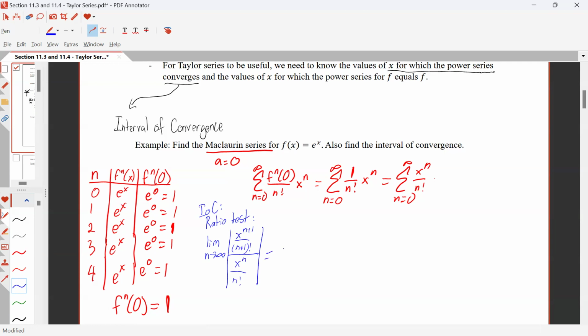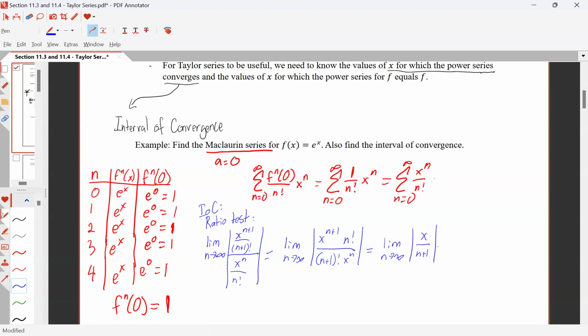Keep, change, flip. We get x to the n plus 1 times n factorial all over n plus 1 factorial x to the n. And how this simplifies is we end up with x over n plus 1.